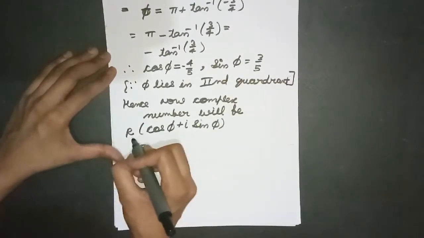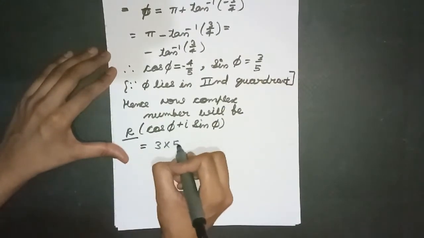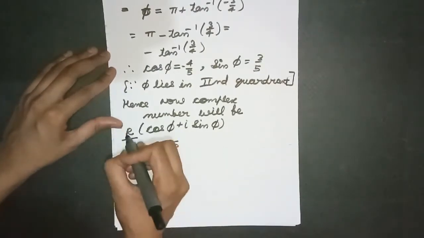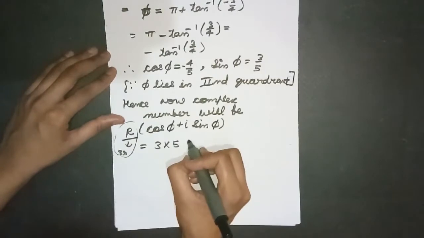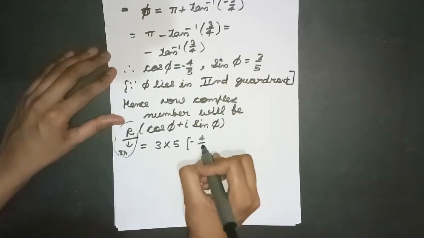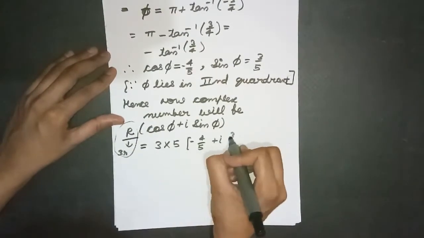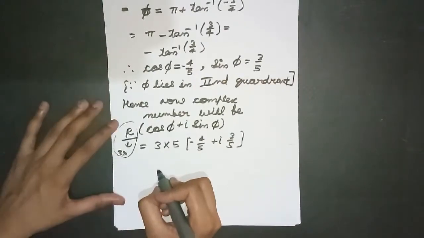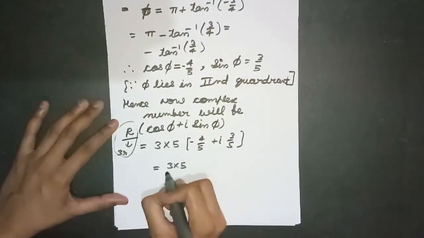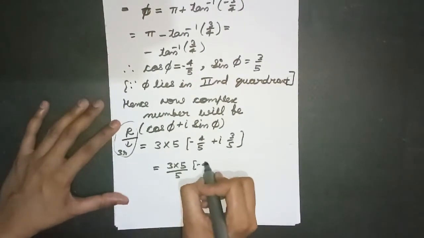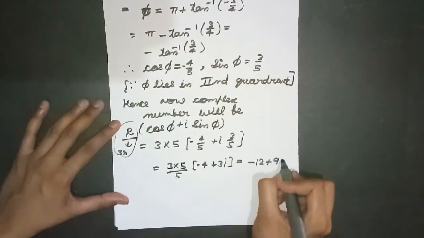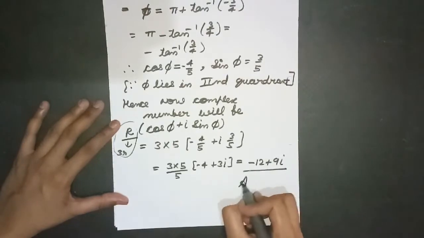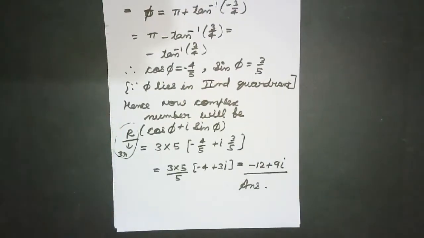Now we know r is 3 into 5, and the value of cos phi is minus 4 by 5 and the value of sin phi is 3 by 5. So 3 into 5 by 5 into minus 4 plus 3 iota, and this is equal to minus 12 plus 9 iota. So this is the new complex number.